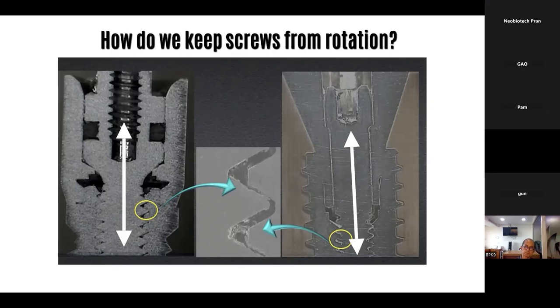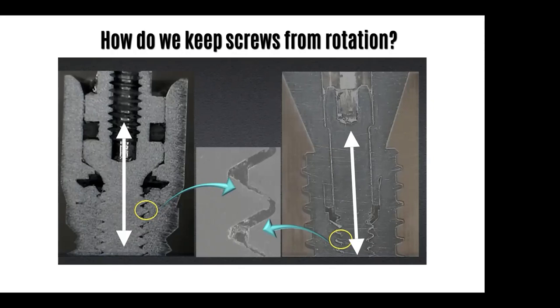But let me continue what I was saying. There's a friction between the abutment screw and the internal threads of the implant. That friction is what's keeping the screw in its position so that it doesn't rotate counterclockwise.